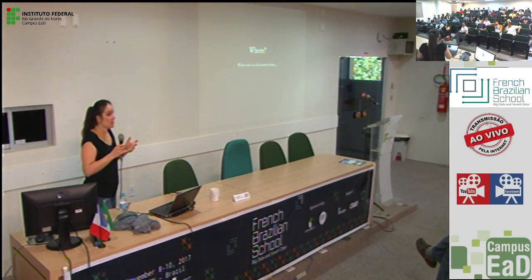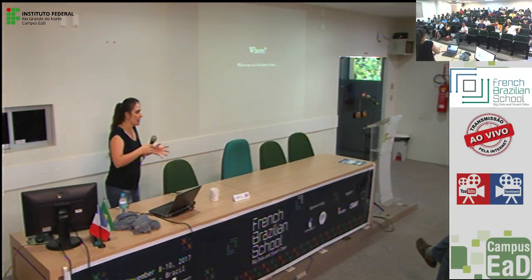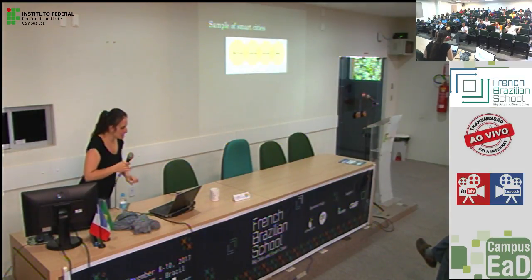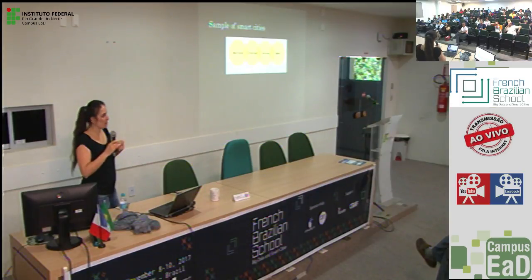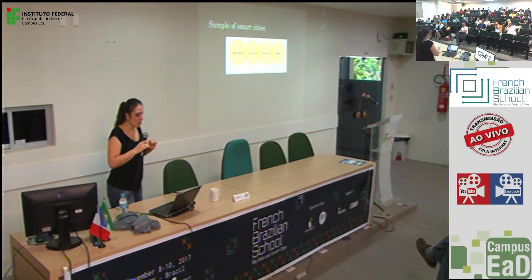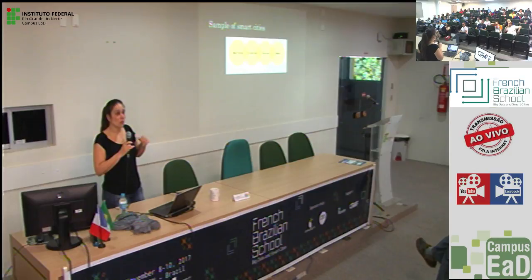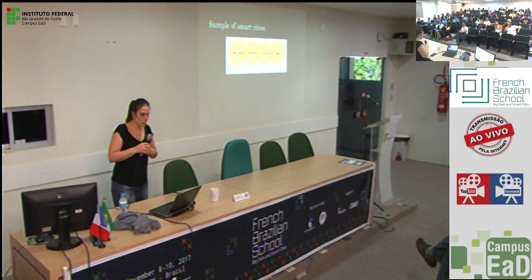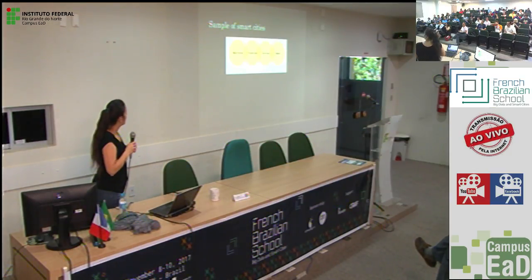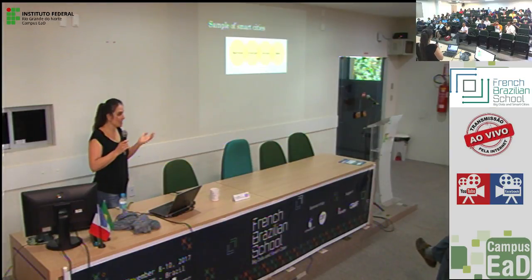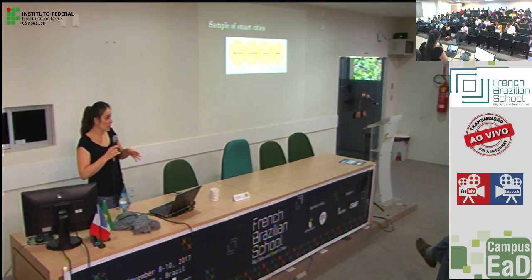Actually, we can find smart cities in real life. Here is a European example. I take 4 cities that are considered as smart cities in Europe. First Manchester, in the United Kingdom, with around 500,000 inhabitants.